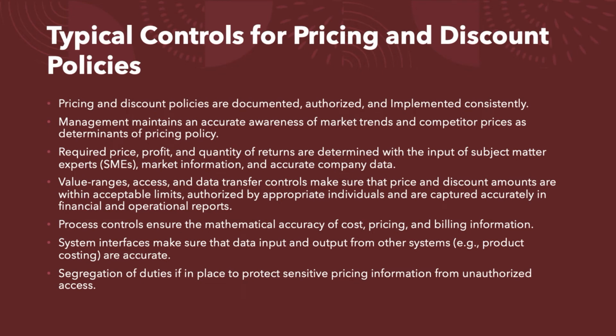So again, any controls within the process, particularly on the pricing and discount policy, we should ensure that the cost, pricing, and billing information we get is accurate. That is, what it captures is correct and its mechanism on how to accumulate cost is correct, and the pricing strategy or concept that the organization adopted to price above the cost. Okay? And is the billing information being followed? So, there should be process controls over that.